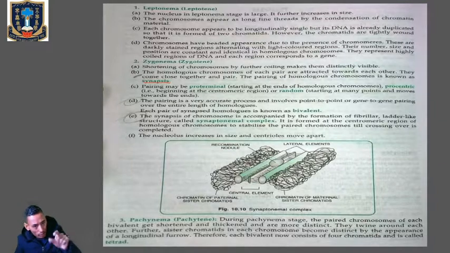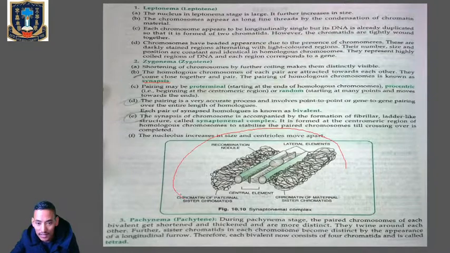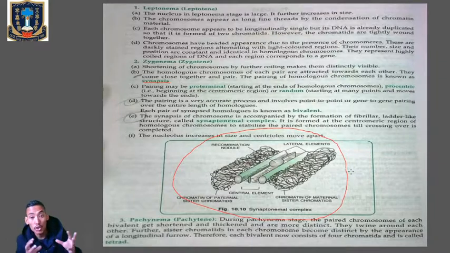Note it down: the electron micrograph of this stage indicates that chromosome synapsis is accompanied by the formation of a complex structure called the synaptonemal complex, which favors synapsis. Next point, the complex formed by the pairing of homologous chromosomes is called a bivalent or a tetrad. So we look at the figure.